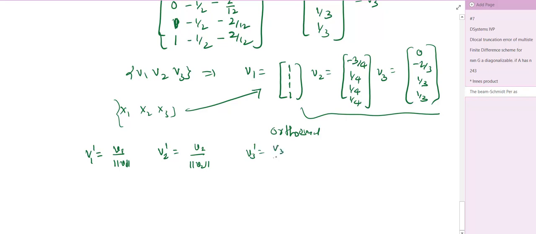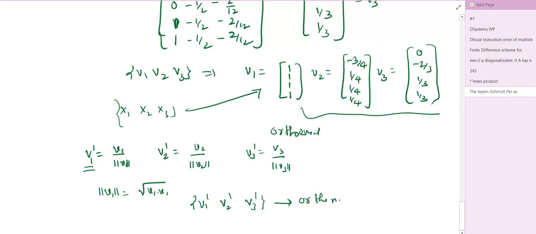As you know, the norm of v1 will be the square root of v1 dot v1. So take the norm and divide the vector by it, and you'll be getting the new vectors. Now this collection v1 dash, v2 dash and v3 dash are orthonormal vectors.